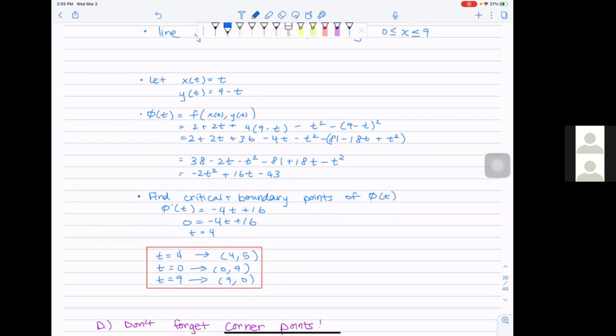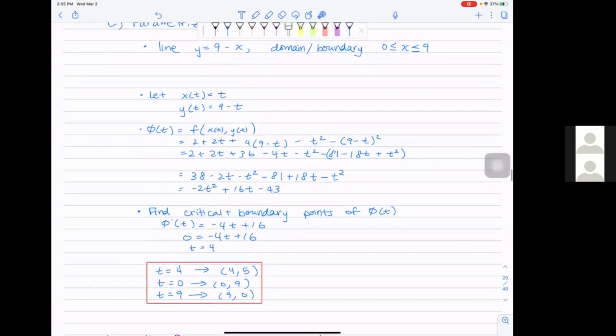Is there an easier way? Even if you do your way, find the equation of that line, the equation of this line is y equals 9 minus x itself. So the actual line is y equals 9 minus x.